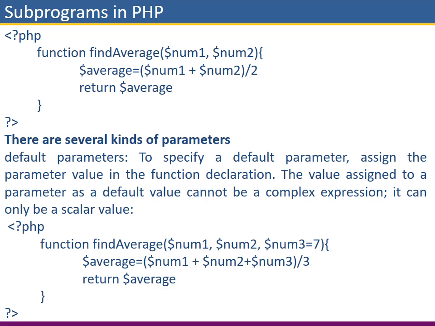So let's see an example of a default parameter, similar to the default parameter in the Python programming language. Starting with our PHP tag, we have the function keyword, the same code that we used before, findAverage, and we have the parameters $num1, $num2, and $num3.